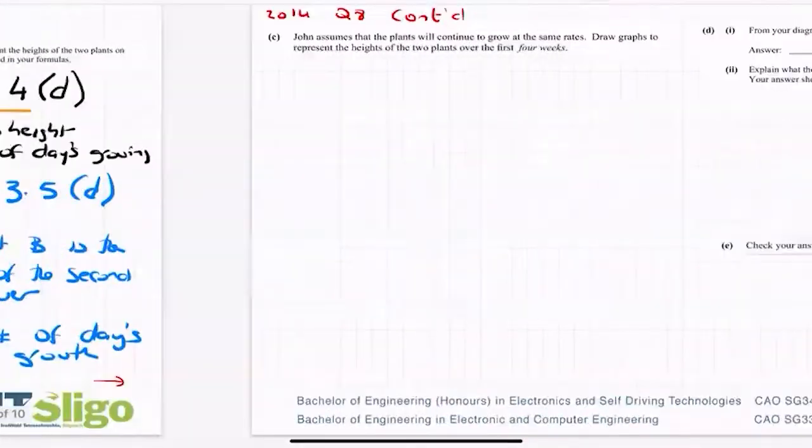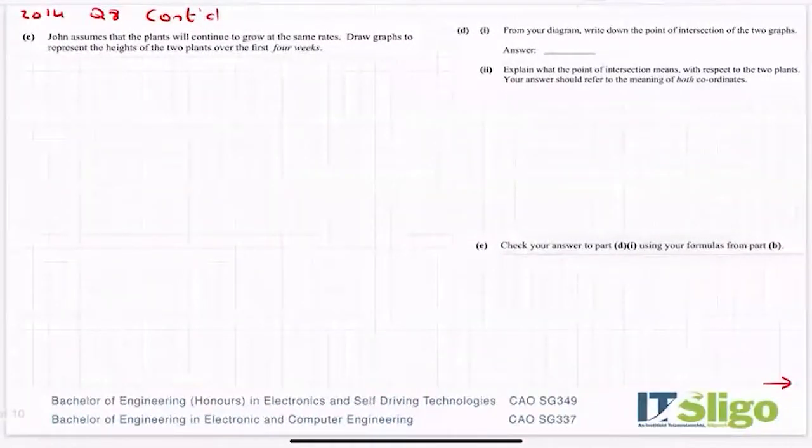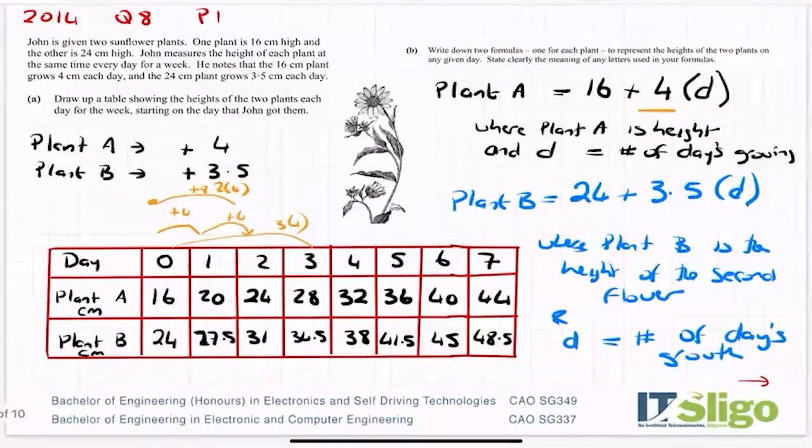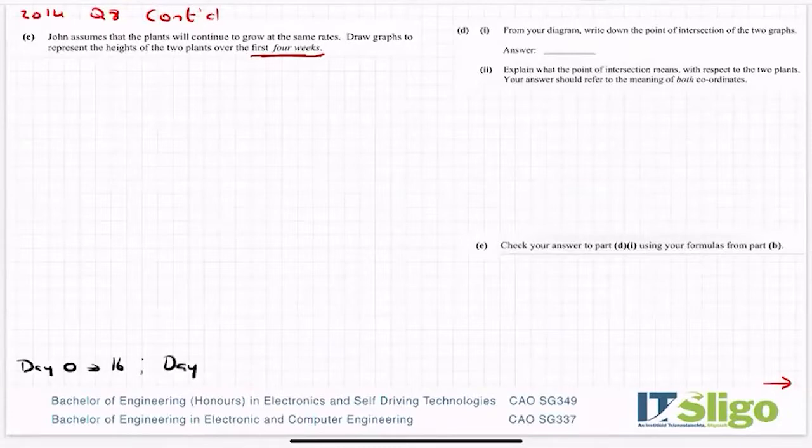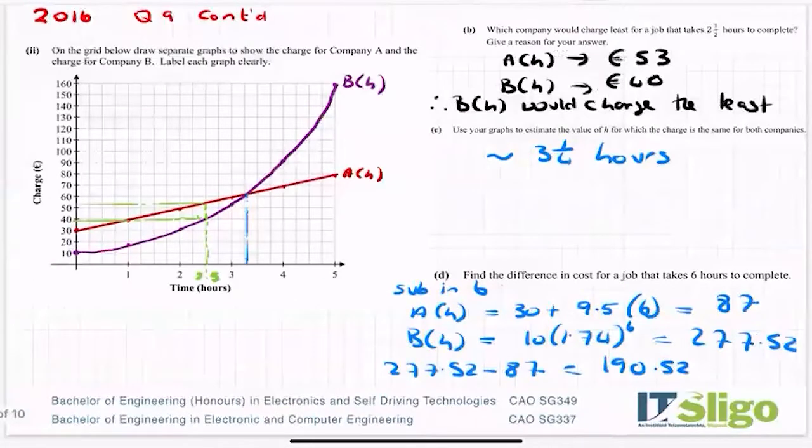Right, so doing out the graph, the first thing I noticed is over the first 4 weeks, so not over just the first week that we have drawn here, okay? So first 4 weeks. So we know at day 0, we're 16. I'll just take the first one first. At day 7, I'm going up in weeks here now.